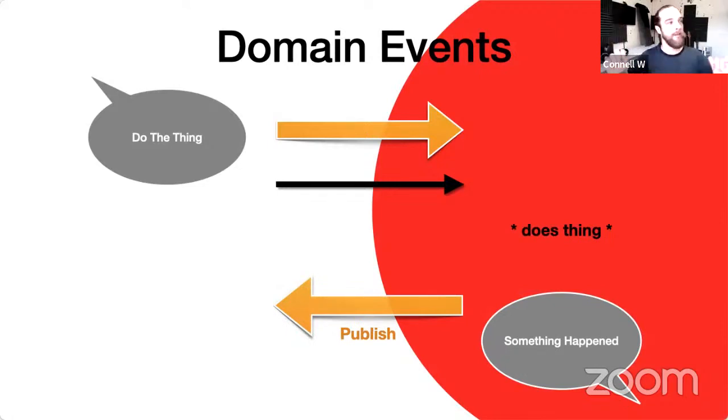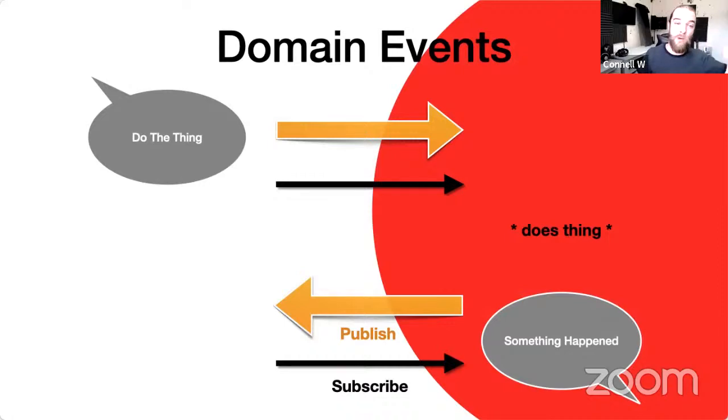Just to anybody who's listening, you can imagine it shouting out, yep, something has happened, anybody who cares. Because the domain doesn't know who's listening. It's just publishing it to zero or many subscribers. The subscribers have come along previously and said, when something happens, I want to know about it. And when they did that, they knew the something happened event existed.